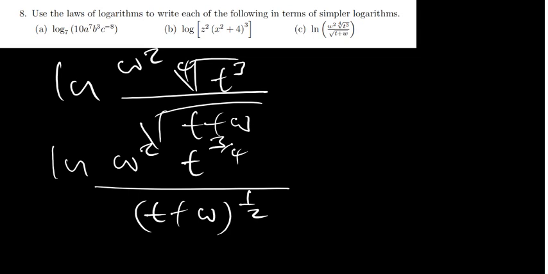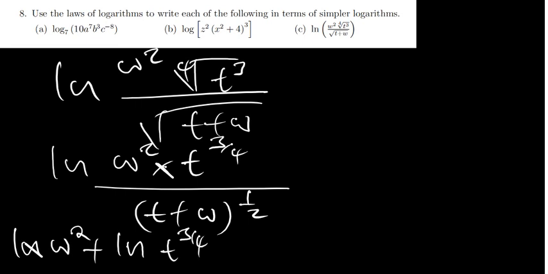Now I can see clearly this is going to give me ln w to the power 2 plus, because these two are multiplying, again ln t to the power 3 over 4. Then again, now the down part is going to be minus ln of t plus w to the power 1 over 2, because there is division here, so it's going to carry a negative.